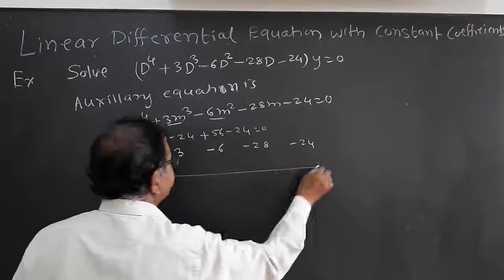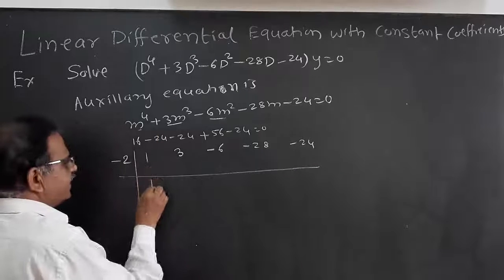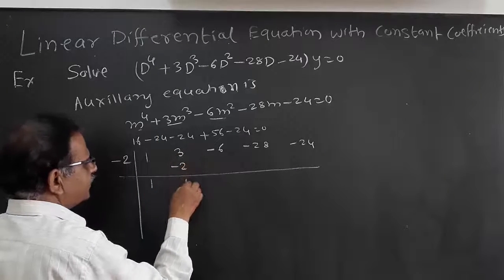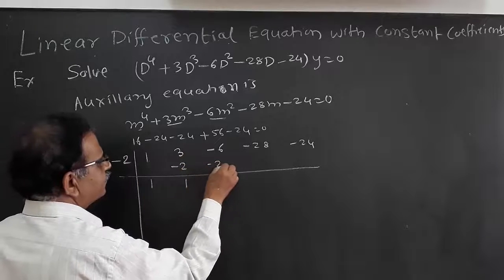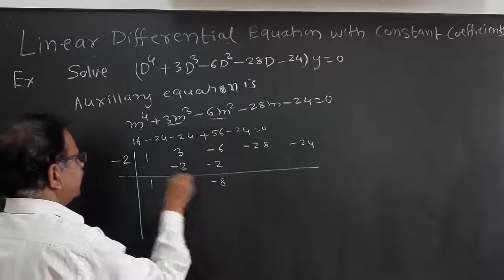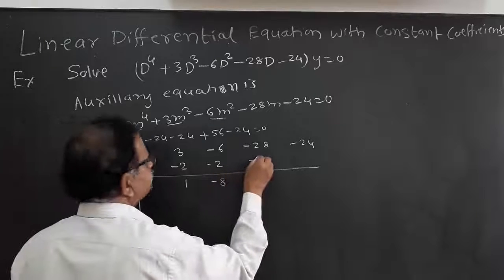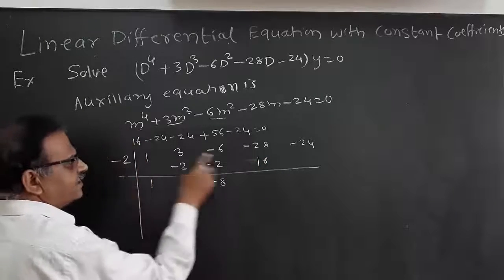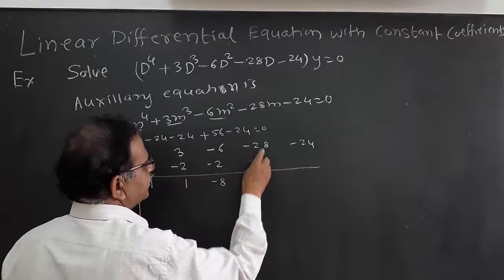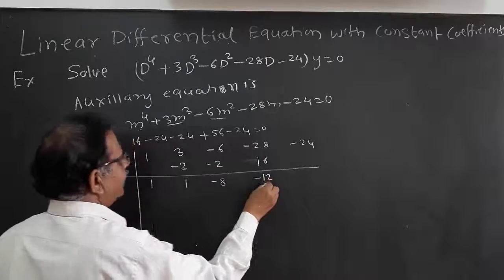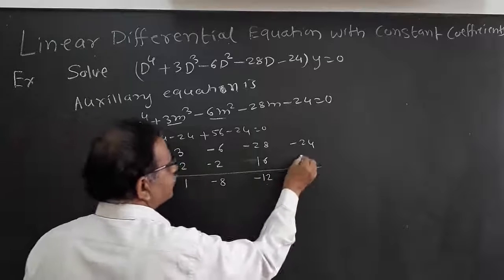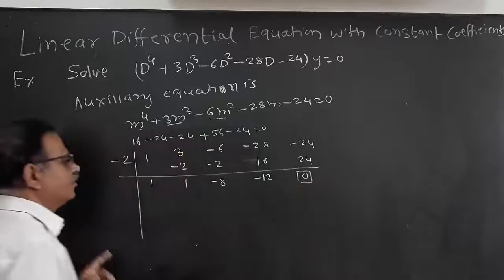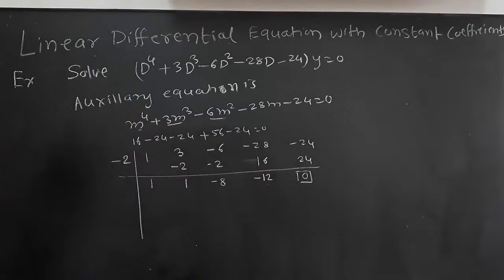Now, 1 is carried as it is. 1 into minus 2 is minus 2, 3 minus 2 is 1, 1 into minus 2 again is minus 2, minus 8, minus into minus 2 is 16, minus 8 into minus 2 is 16, 16 minus 28 is minus 12, minus 12 into minus 2 is 24, 24 and minus 24 is 0. Therefore, m equal to minus 2 is the first root.